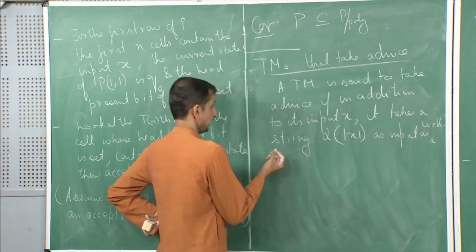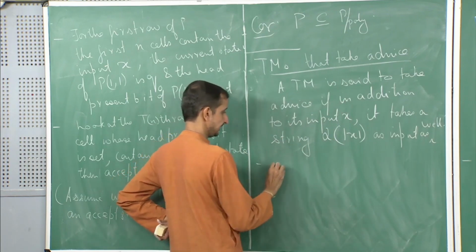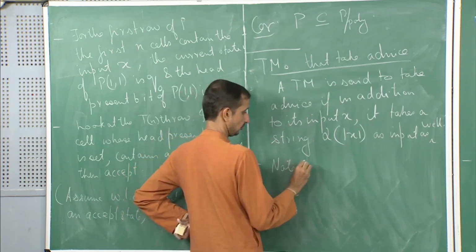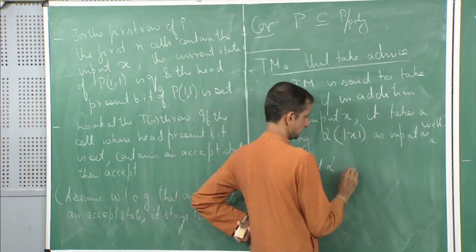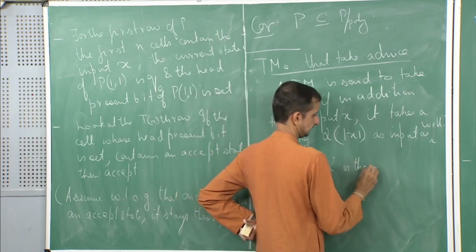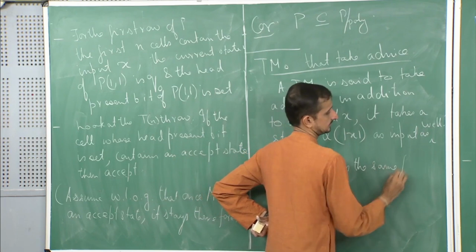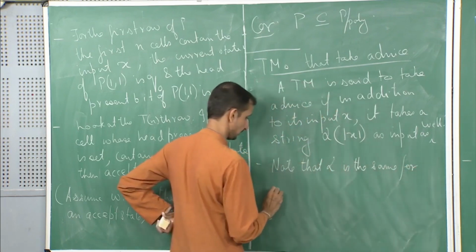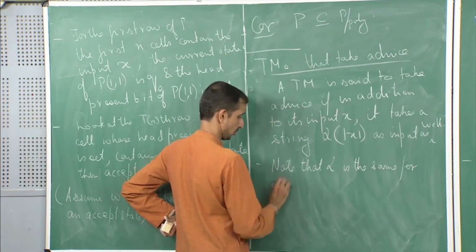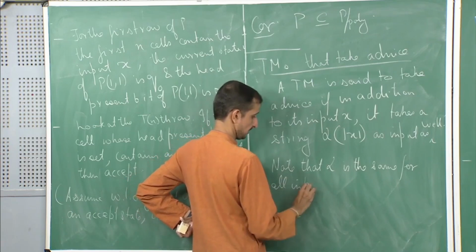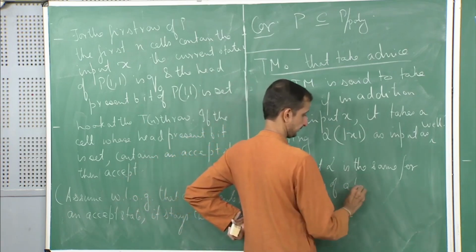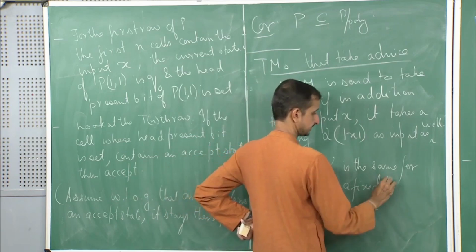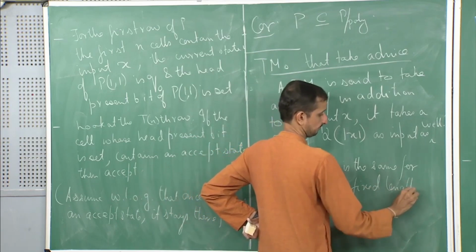And the point to be noted here is that alpha is the same for all inputs of a fixed length.